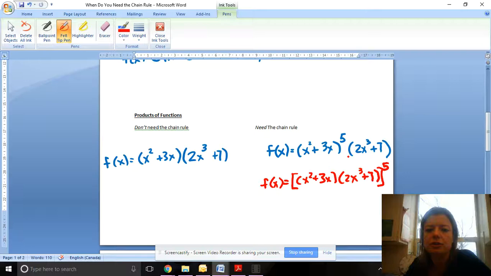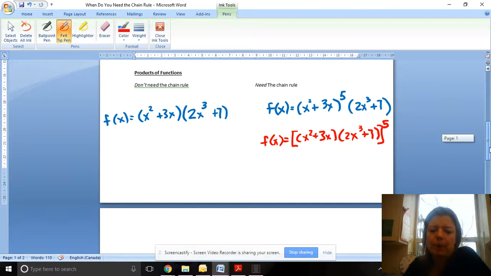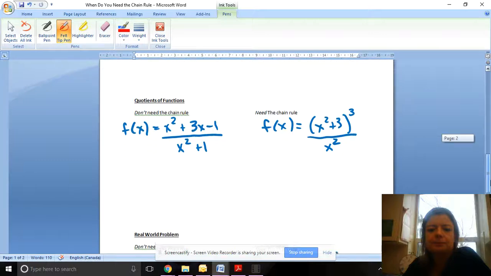So you have a function times another function. It's just that one of those derivatives will need a chain rule when you get to it. But this function is first and foremost a chain rule question because you'll be dealing with this chain rule part first, and then the product will come when you're taking the derivative of what's inside. So the product rule is a secondary thing. So that helps to think of it that way before you start.